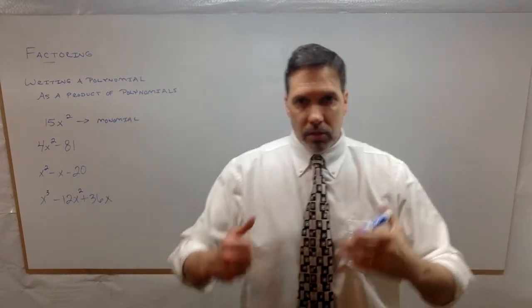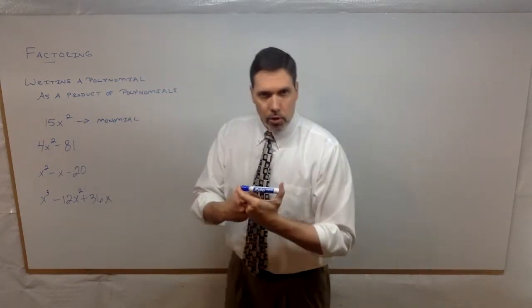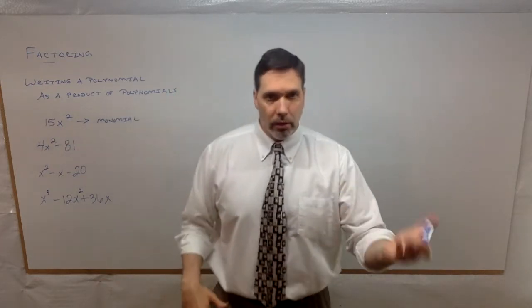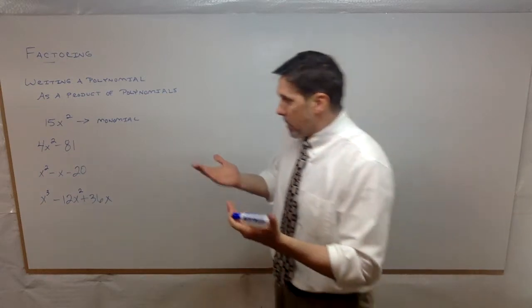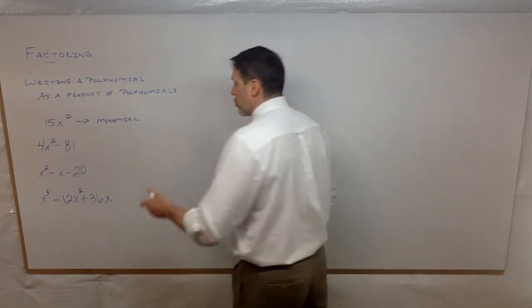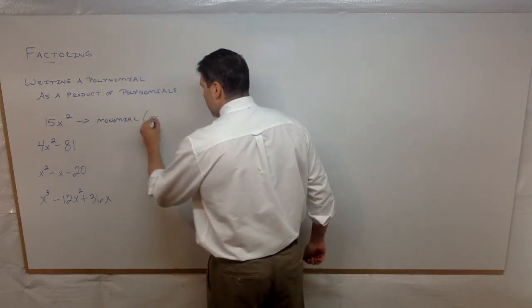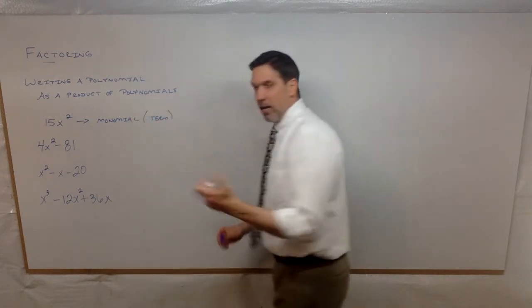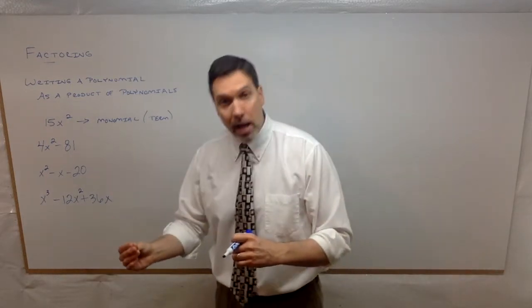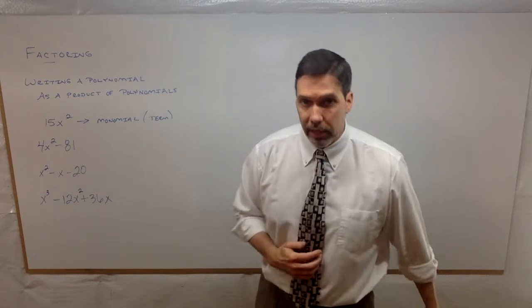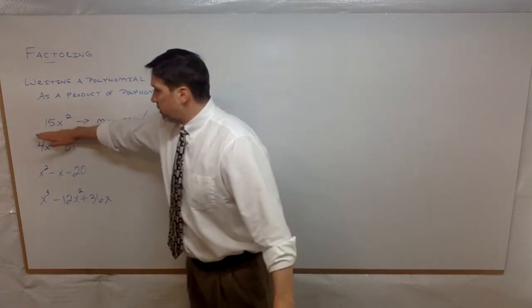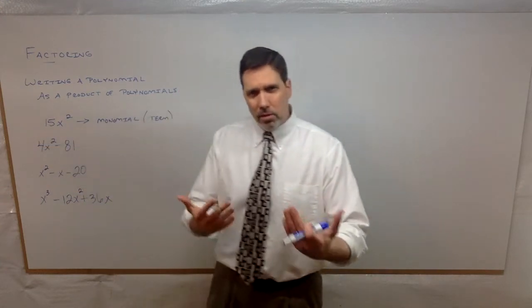A monomial has no addition, no subtraction, it's just all multiplication. 15x squared is called a monomial, and in terms of polynomials, it's also known as a term. So when we say this particular polynomial has three terms, we mean it is made up of three monomials being added together. These monomials we tend to not factor because there's really no point.